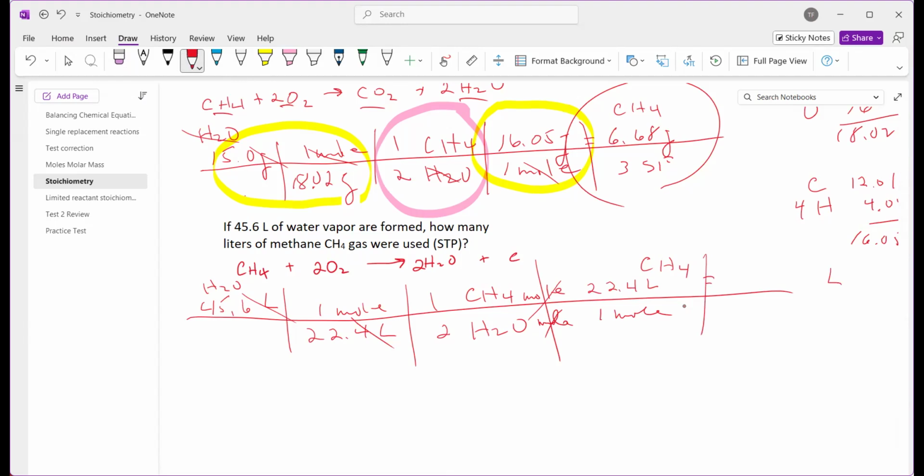Now, before we grind this out in your calculator, notice the 22.4 is on the top and the bottom. So that means the 22.4 cancels. So we have 45.6 divided by 2.